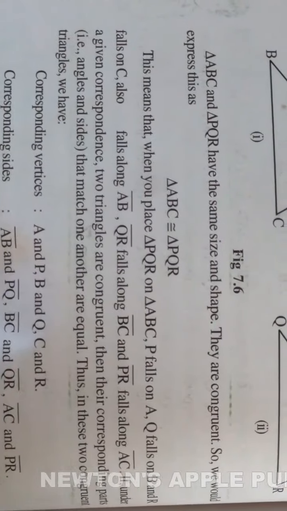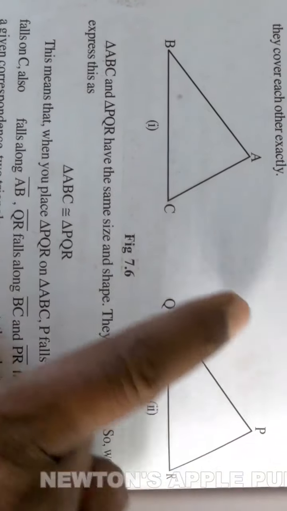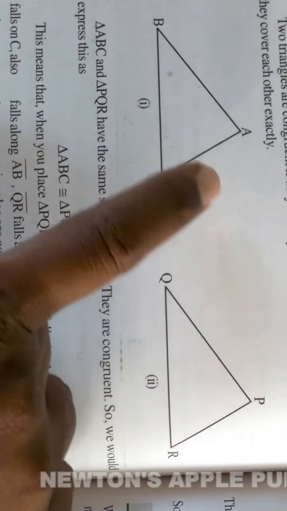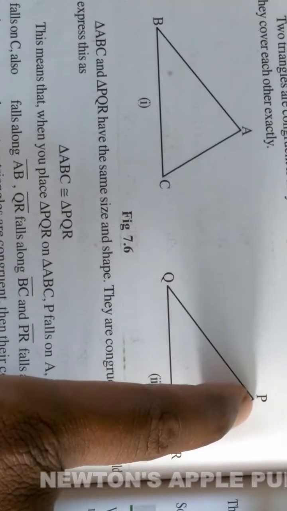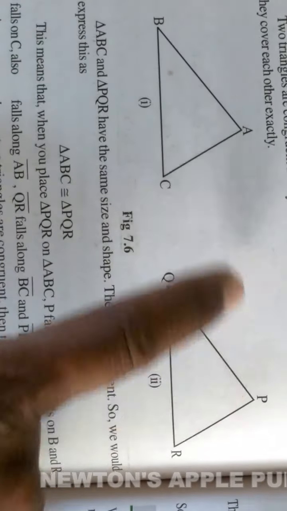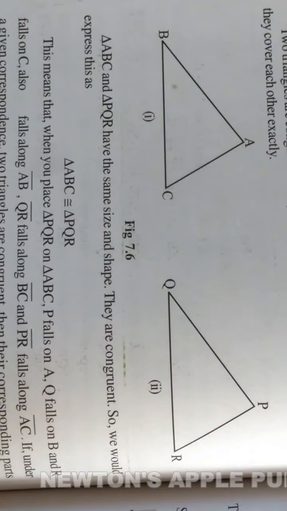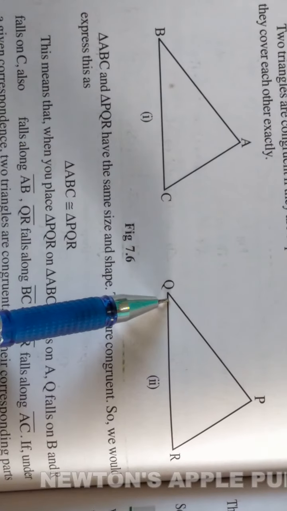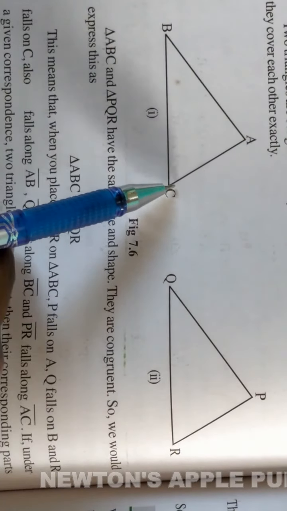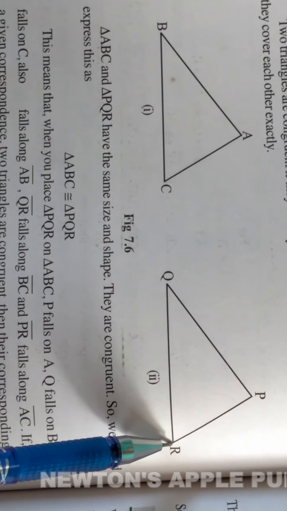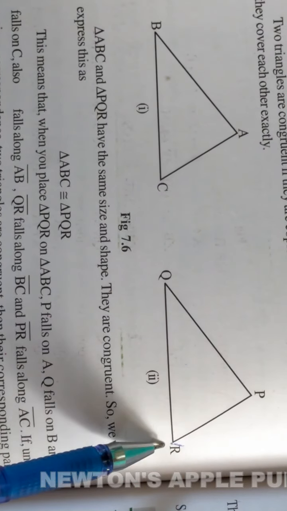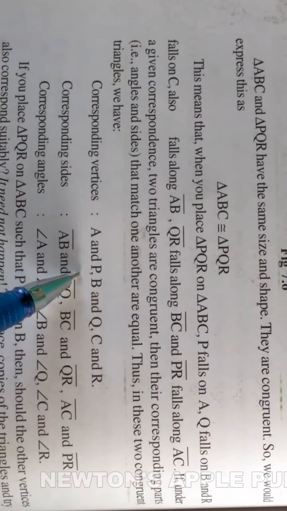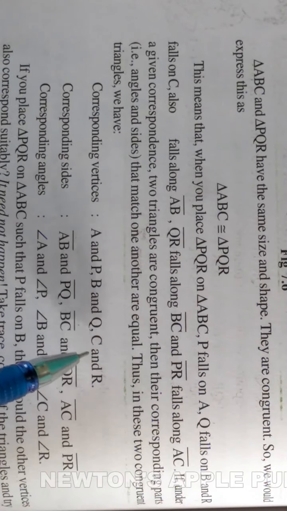A and P, these two are corresponding vertices. Next, B and Q are corresponding vertices. C and R are corresponding vertices. So corresponding vertices are A and P, B and Q, C and R.